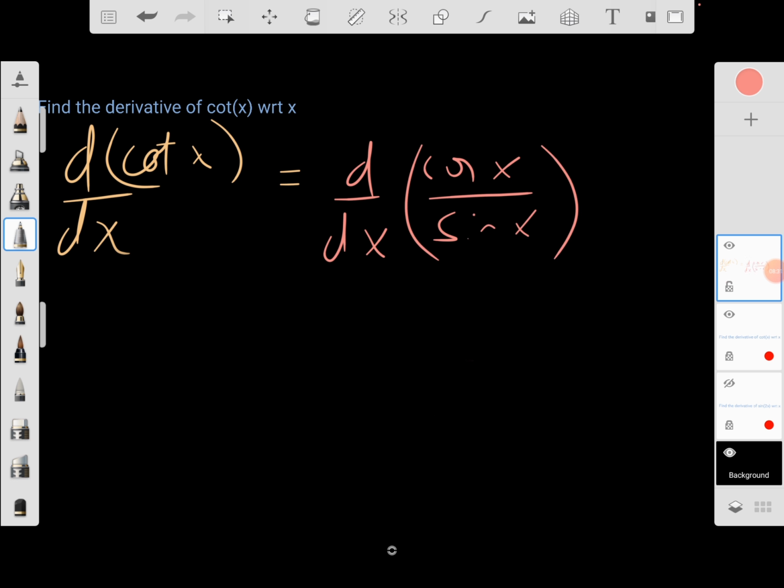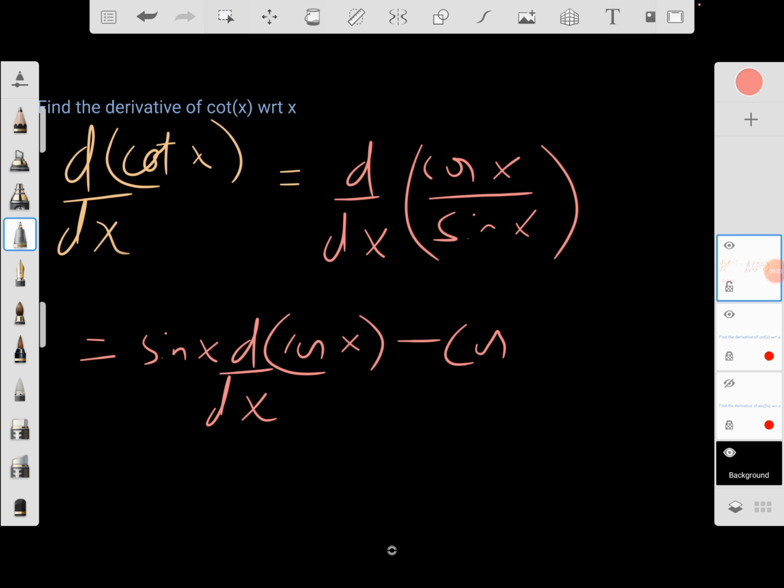Now we have a quotient function, so we need to apply the quotient rule. Remember what our quotient rule was? Right, d left minus left d right, whole divided by right square. So the second function, that will be sine x, into the differential of the first function, so d by dx of the first function, minus first function into the differential of the second function.